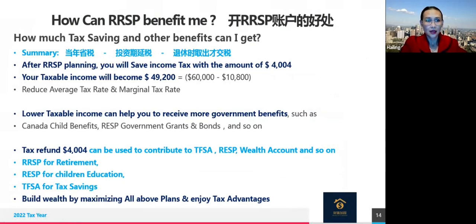And of course, whenever you have this extra tax saving, let's say you got a tax refund, you can also reinvest either into the RSP for the next year saving strategy, or you can put into the RRSP or put into the tax-free saving account. Of course, we can also show you different other investment instruments that can help you to be able to have a long-term retirement income, right?